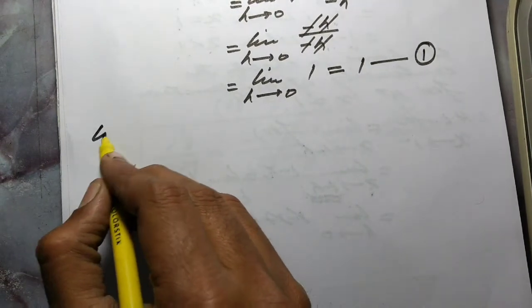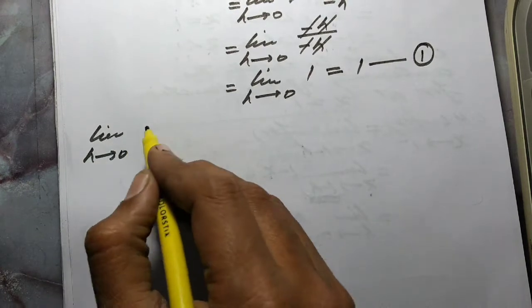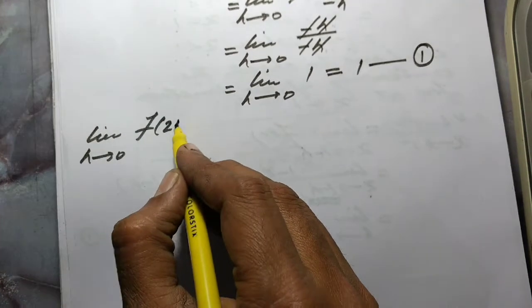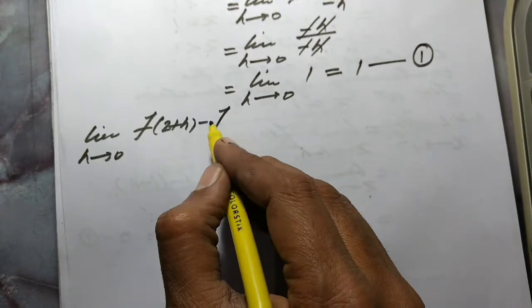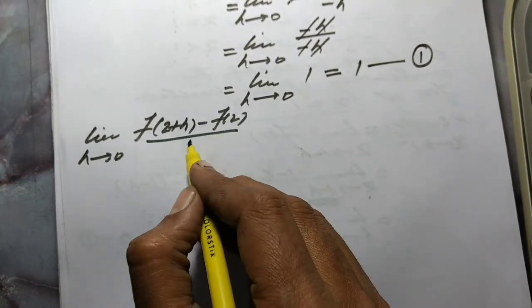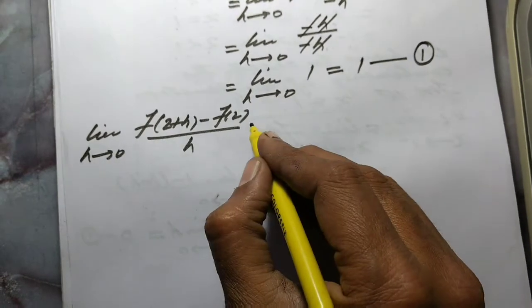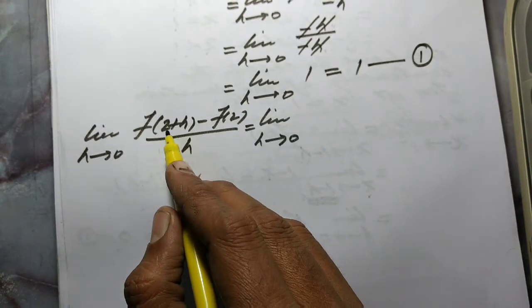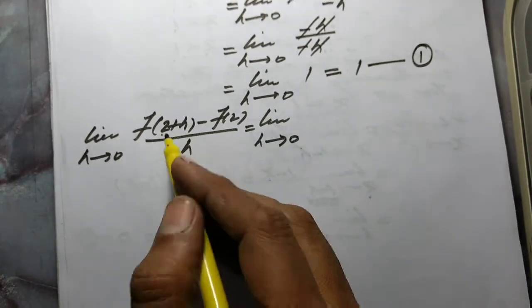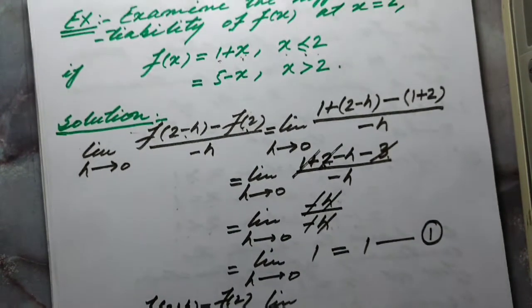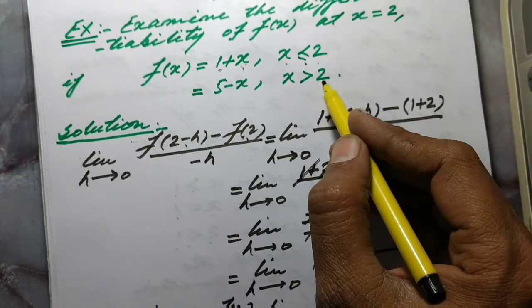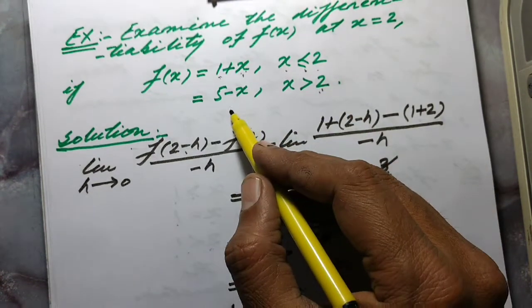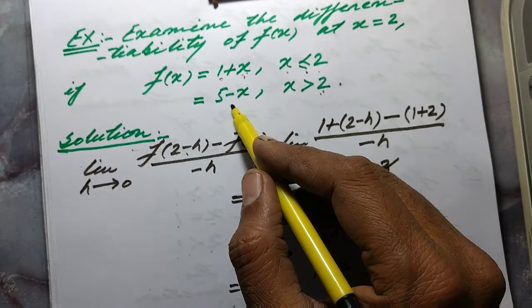Now let us see what is the value of right hand differential, that is limit h tends to 0 of f(2 plus h) minus f(2) divided by h. Now we have to find f(2 plus h). 2 plus h is considered to be greater than 2, so in our function we have to observe the condition x greater than 2, for which f(x) = 5 minus x.